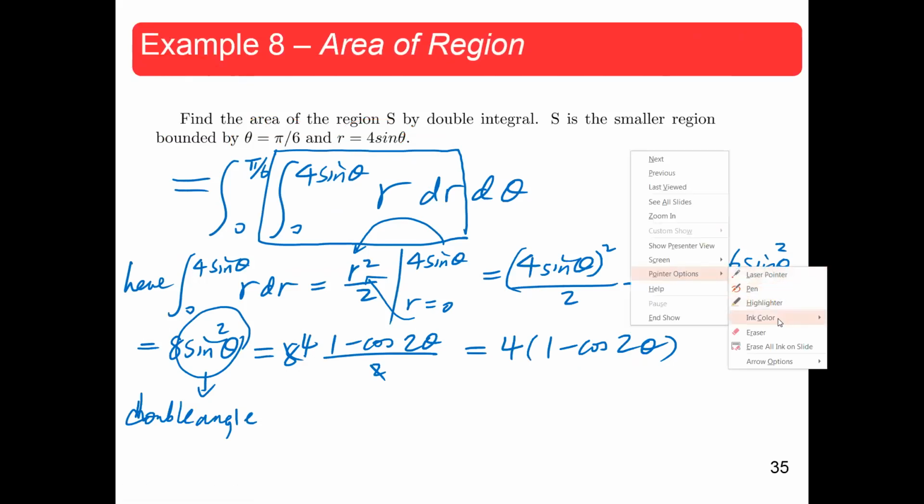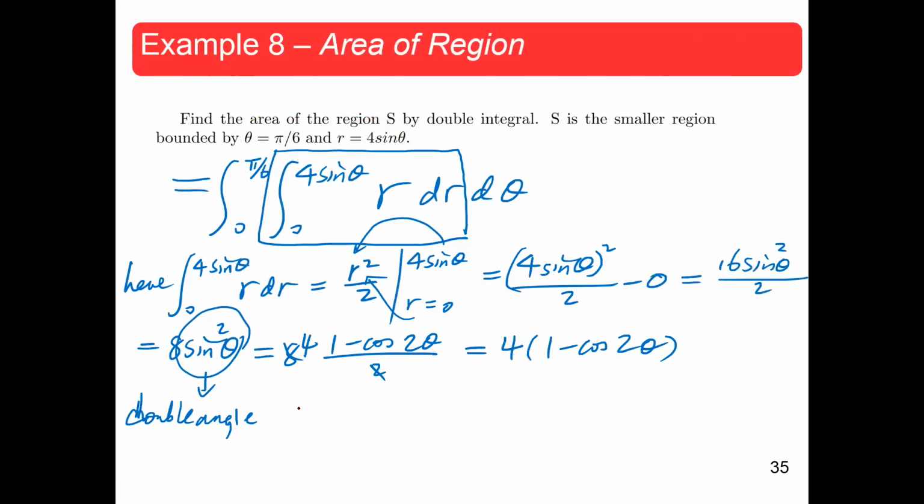All right, next, we can just get the outer integral. Therefore, the outer integral, which is the area of region S, will just be 0 to pi over 6. Replace the box by this part, 4 times 1 minus cosine 2 theta d theta.